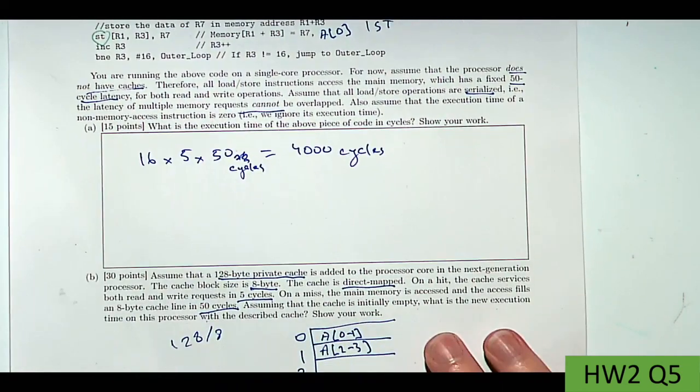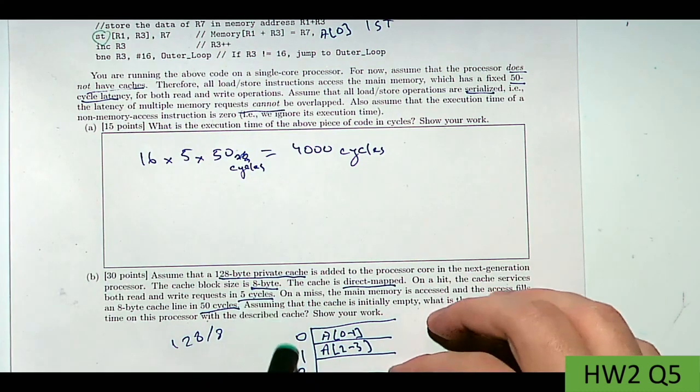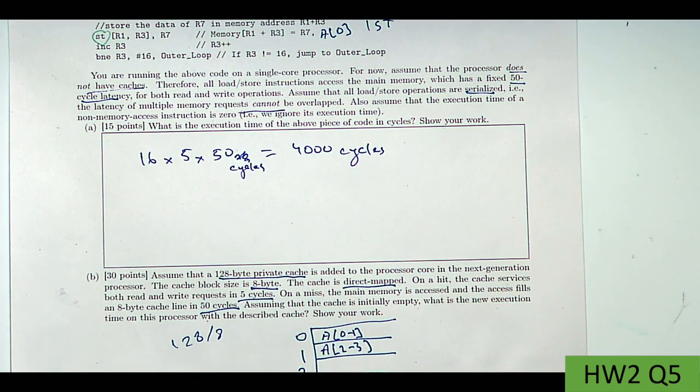For example here, we know that a cache block has 8 bytes, so we will need 3 bits to determine the byte position in that cache block. You have 8 different bytes, you address 8 with 3 bits.